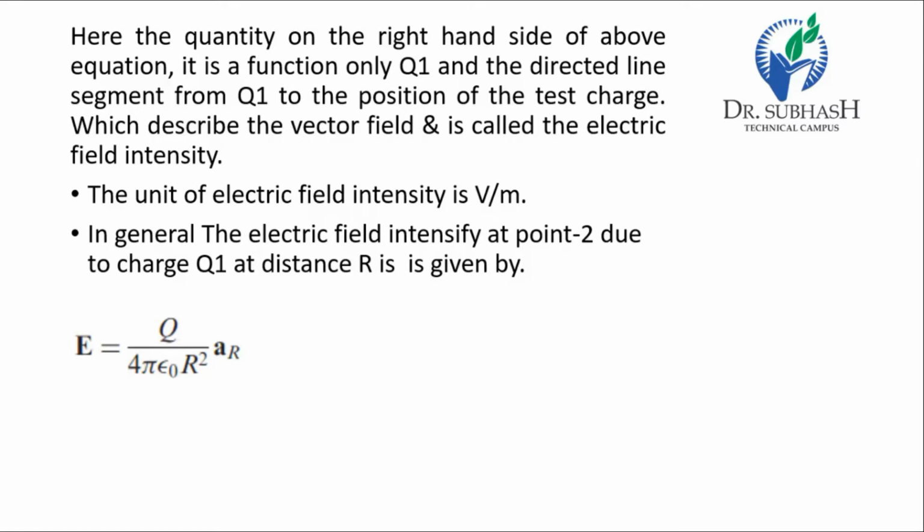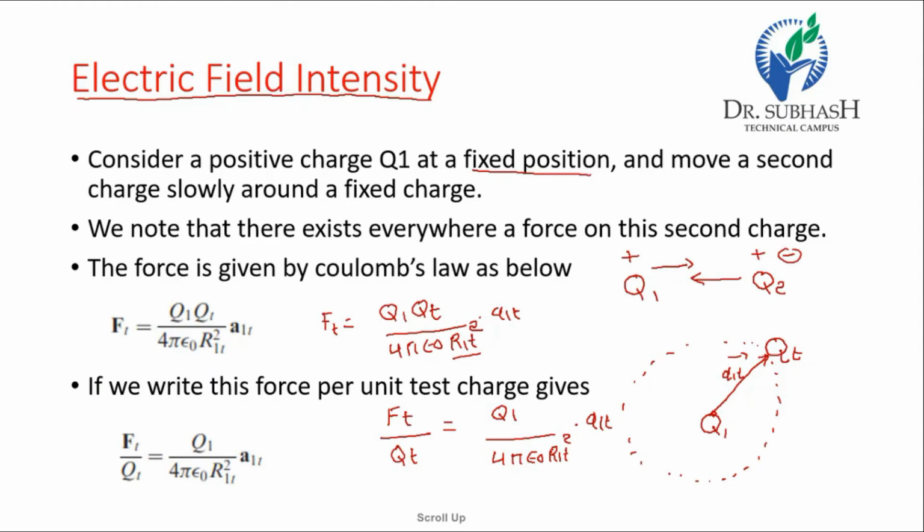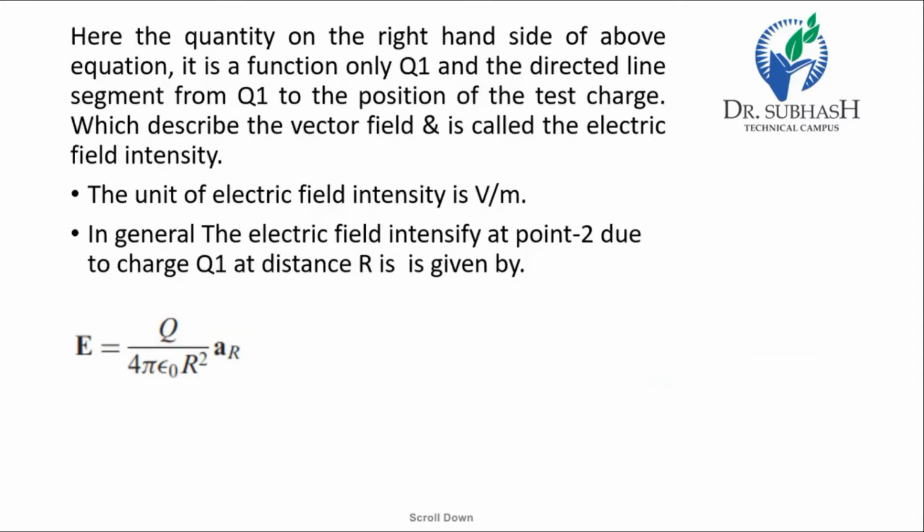Here the quantity on the right hand side of the above equation represents the force per unit charge which exists from Q1 in the direction of Qt. In vector form we can say that Q1 is the source of the force, and at Qt the force exists, and this force along the radial direction is known as the electric field intensity.